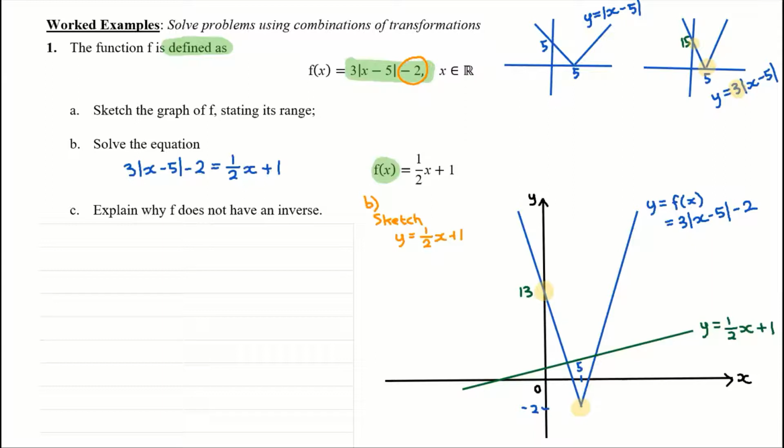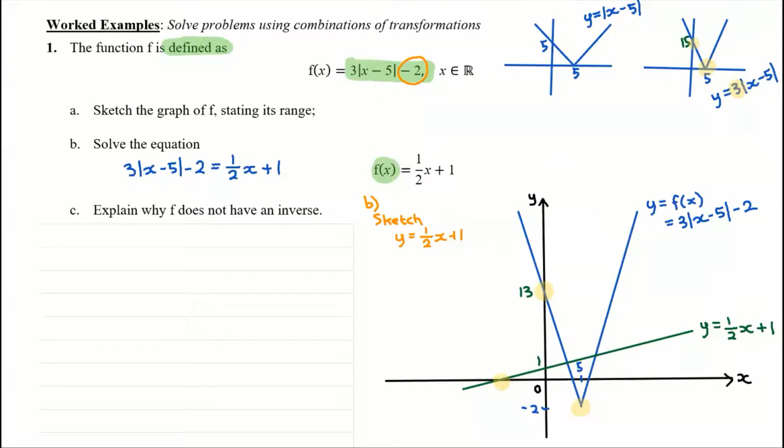Okay, now the reason we sketch this as part of the solving the equation process is we can determine how many solutions we expect to find. Now clearly, 1/2 x plus 1 cuts the y-axis at 1 and has an x-intercept over here, which I could label. If we set that equal to 0, this is going to be at -2.